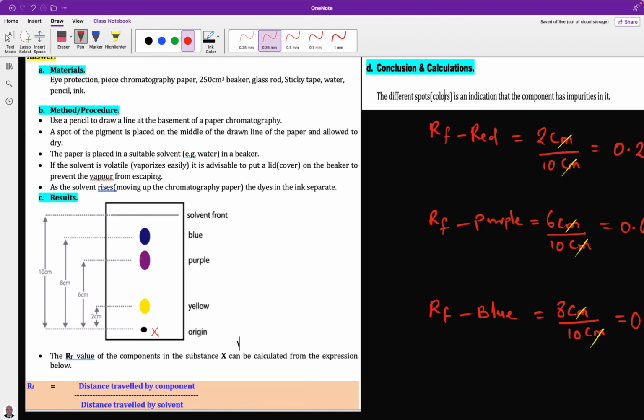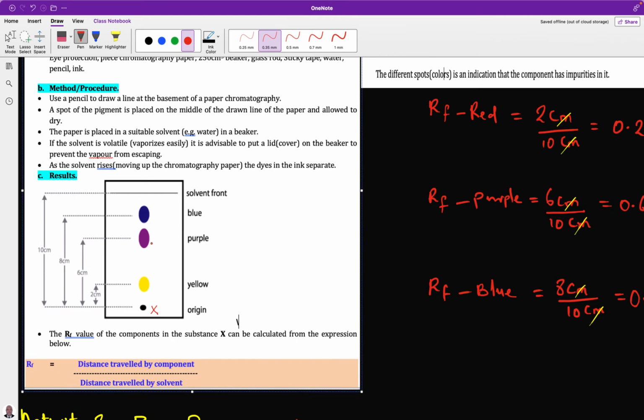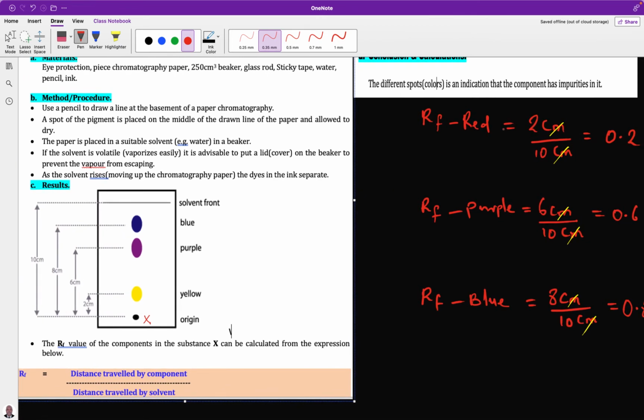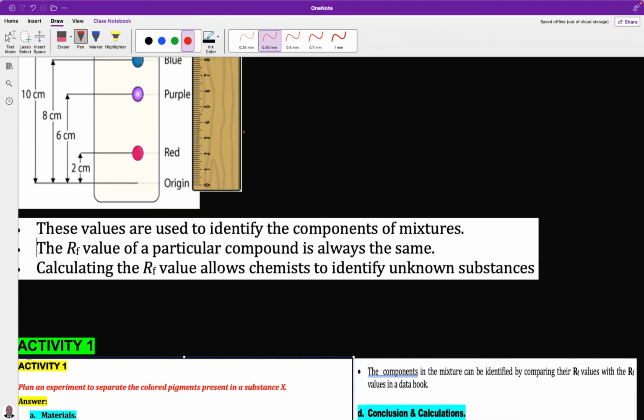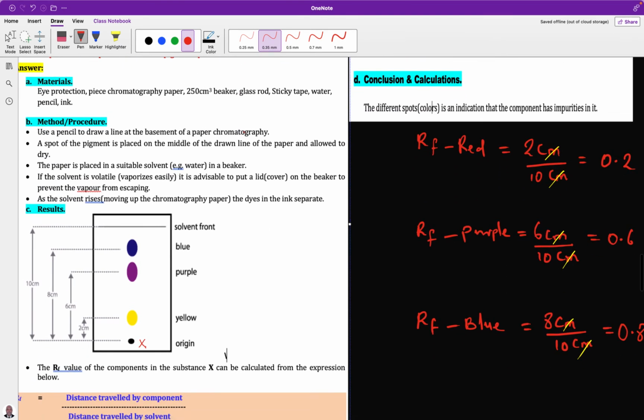Now, we go to our RF value. How do we calculate our RF value, our retention factor value? The formula is distance moved by component divided by distance traveled by the solvent. And we have resolved them here. For red, the first red there traveled 2 centimeters, and the RF value was 0.2.